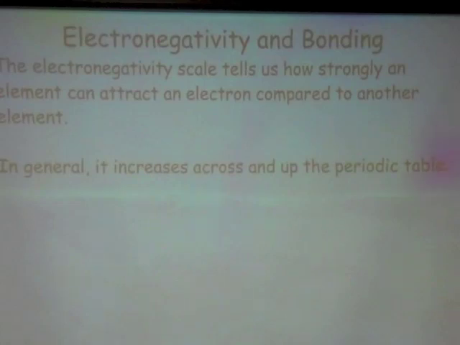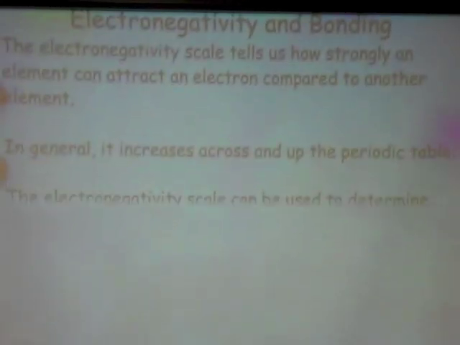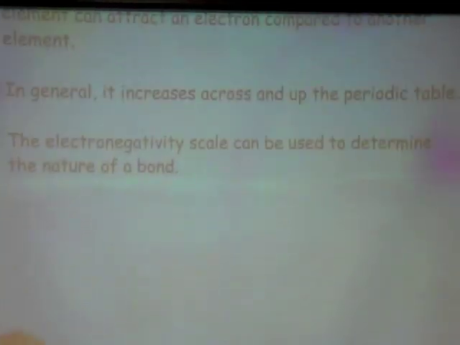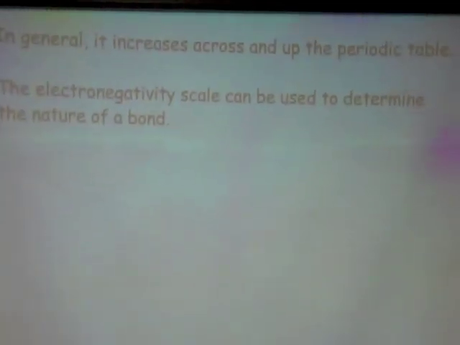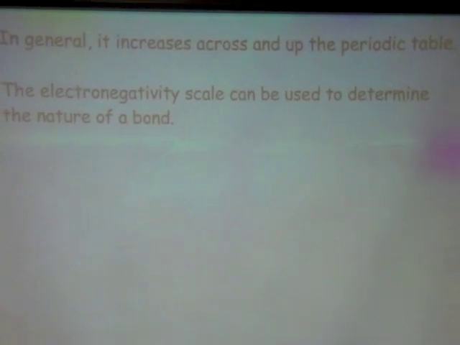And the kind of bond that two atoms engage in is going to very much depend upon the electronegativity of each of the atoms involved in the bond. And so we like to say that bonding really occurs on a continuum based upon the difference in electronegativity between the two bonded atoms.